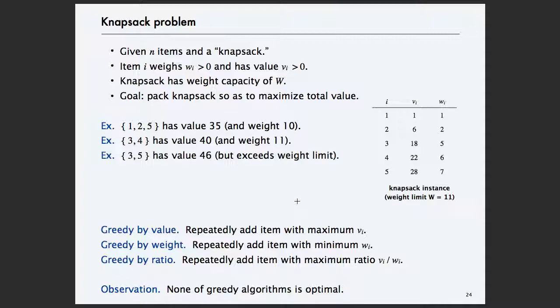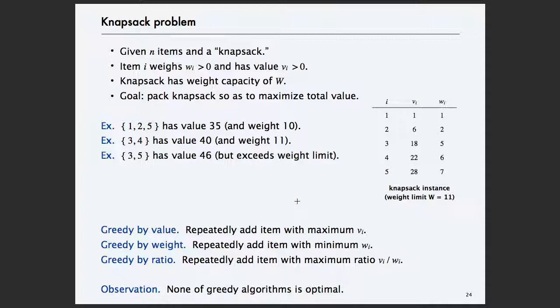With non-fractional, with integer knapsack, greedy doesn't work. It's not terrible, it just doesn't work. And you can come up with arbitrarily bad problems that will make it arbitrarily bad. Basically, you could say, get the one with the maximum value, or add the ones with lowest weight, or add the maximum ratio of value to weight.